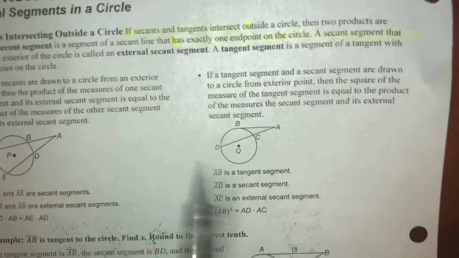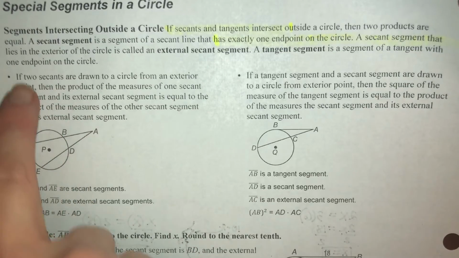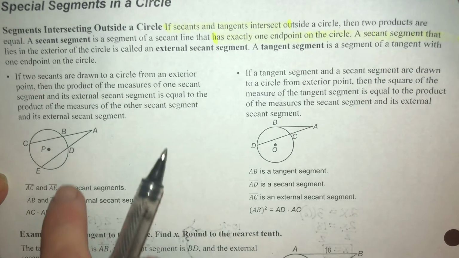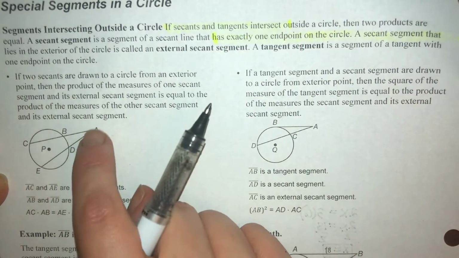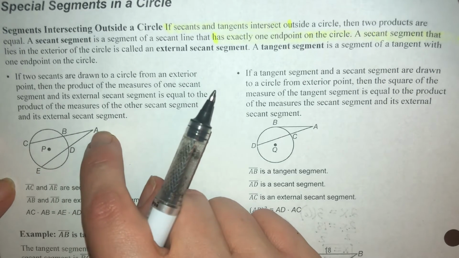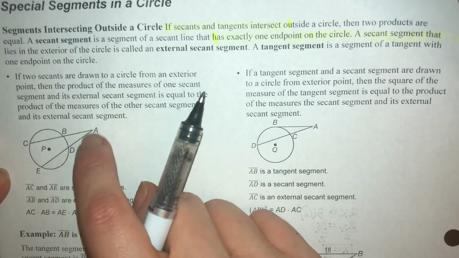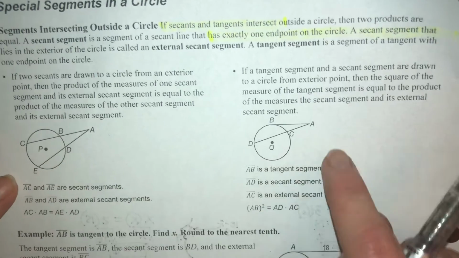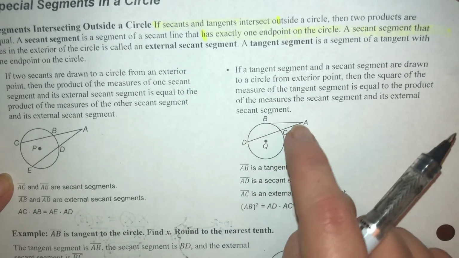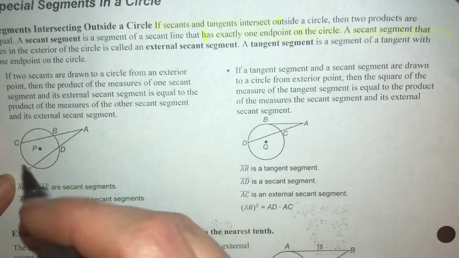We've got two important properties, this bullet and then over here. If you look at the pictures here we've got two secants from this one exterior point, endpoints on the circle. Over here on this one, we only have one secant passing through the circle, and the other is a tangent. So let's see.